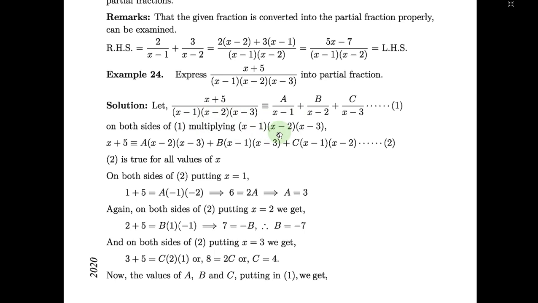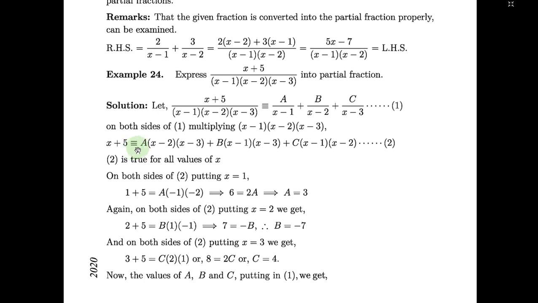If we multiply this on both sides of this equation, it will be no more a fraction. This will be like this. So when we get this, now our target is to find out the value of a, b and c.